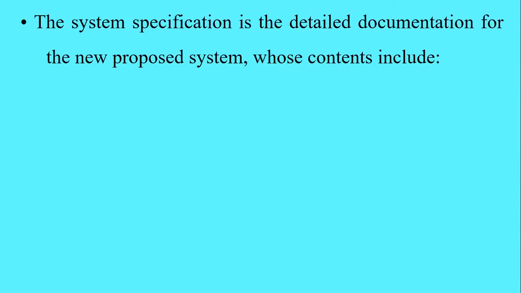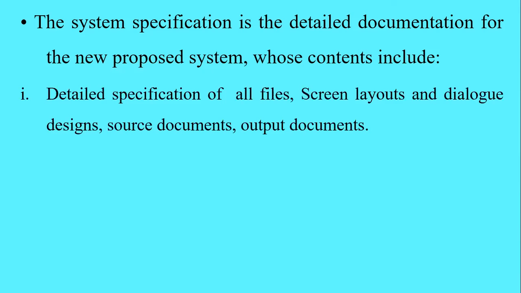The system specification is therefore the detailed documentation for the new proposed system, whose contents include: number one is detailed specification of all files, screen layouts, and dialog designs, source documents, and output documents. Number two is program specification.